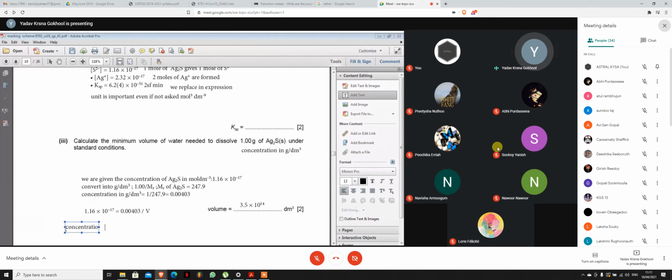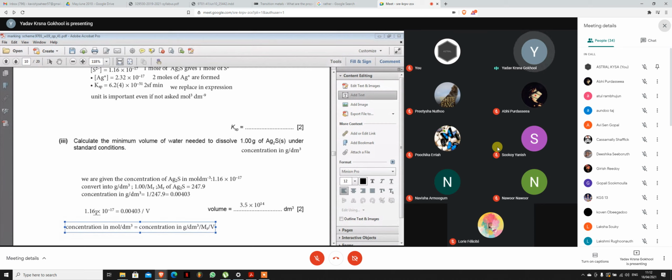Concentration in mole per dm cube is in fact concentration in gram per dm cube divided by Mr. And then you divide all by volume.